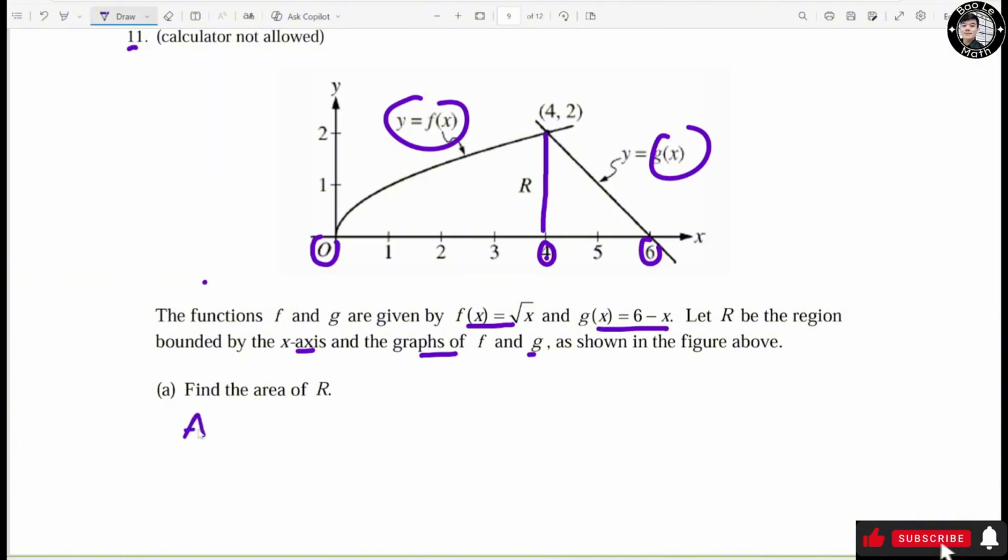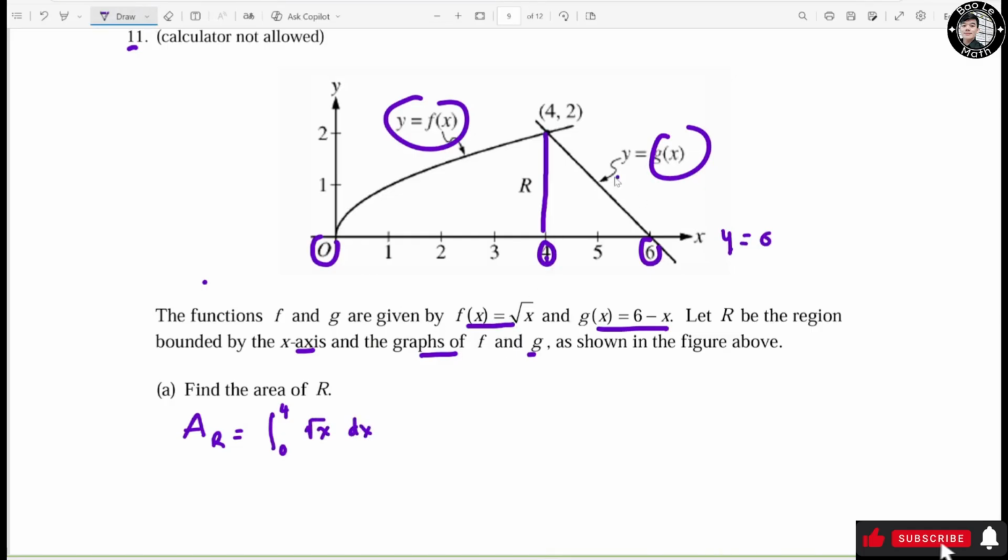So the area of the region R is the integral from 0 to 4 of f of s subtract y equals 0 right here, so it's square root of s ds, plus the integral from 4 to 6.